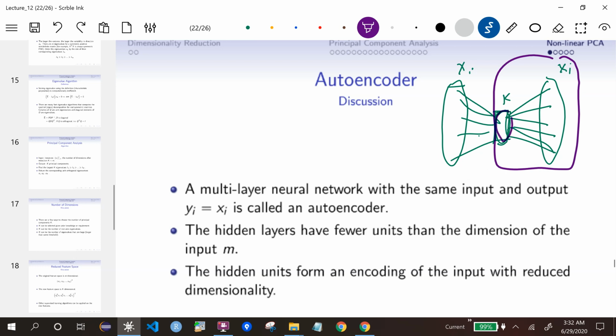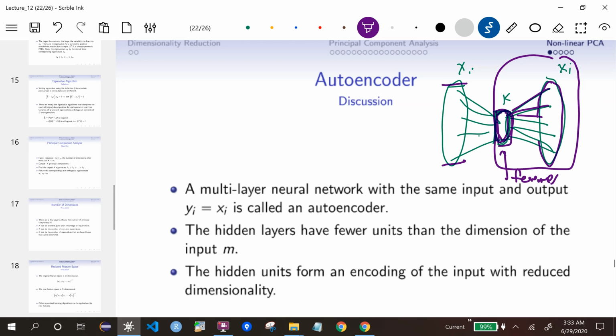So we can use only these k numbers to reconstruct our original image as much as possible. Here we're training to get k hidden unit values so that we can reconstruct the original data set, and these k hidden unit values will be our new features.